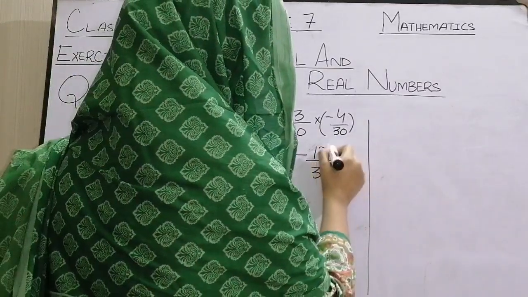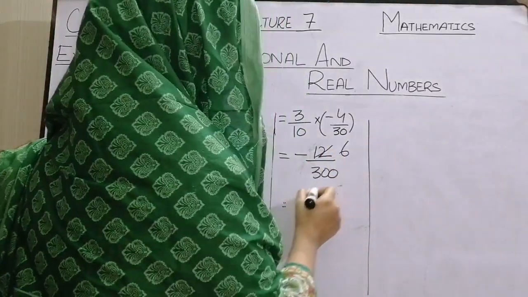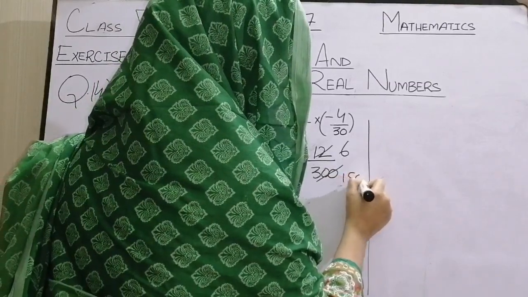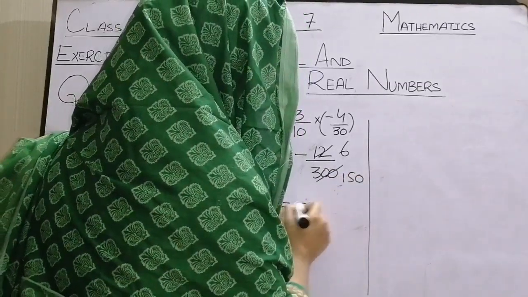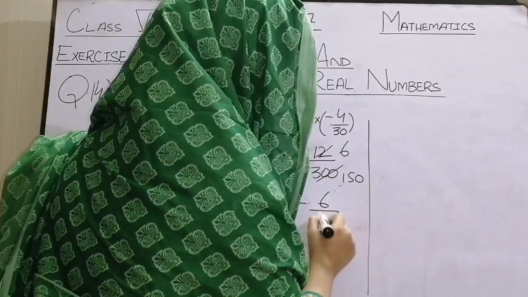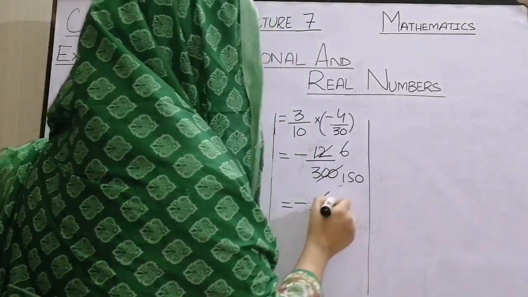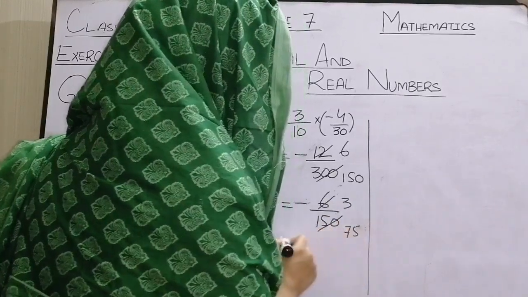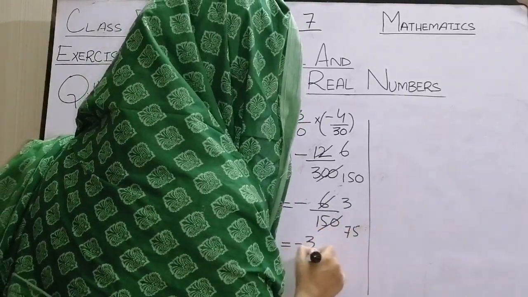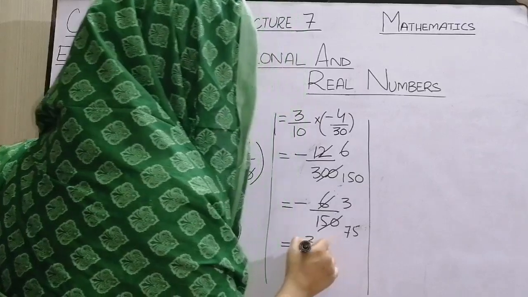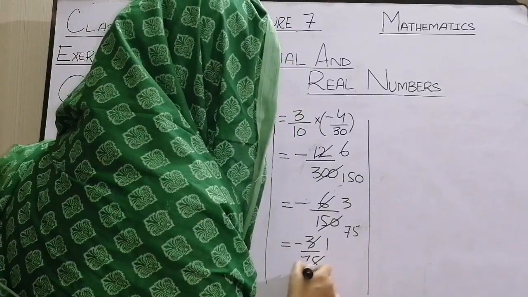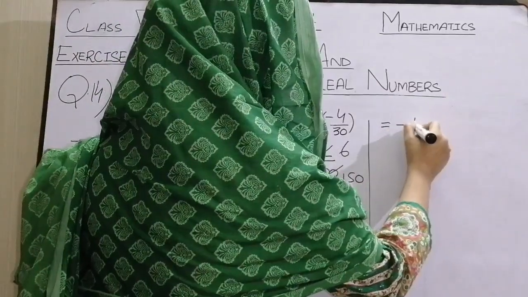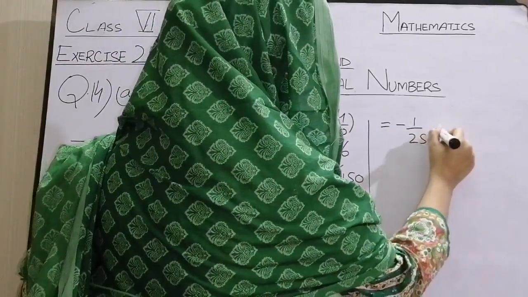Do the cancellation again. 2 6s are 12 and 150. Again do the cancellation. We are left with minus 3 over 75. Again do the cancellation. 3 ones are 3 and 25 threes are 75. So our answer is minus 1 over 25.